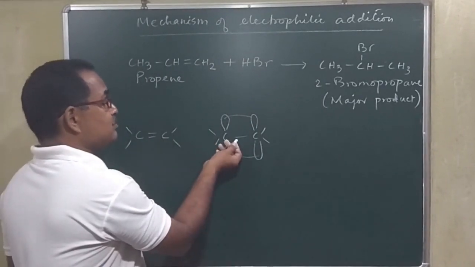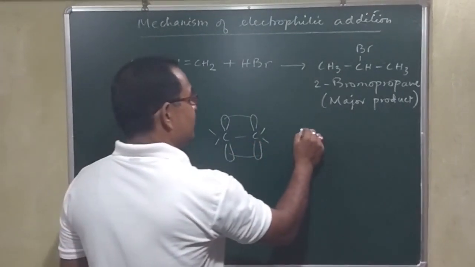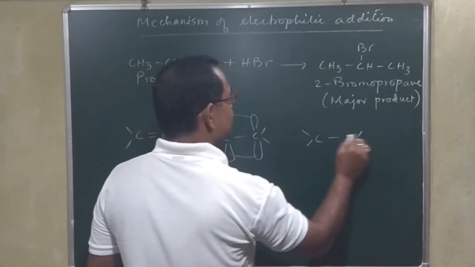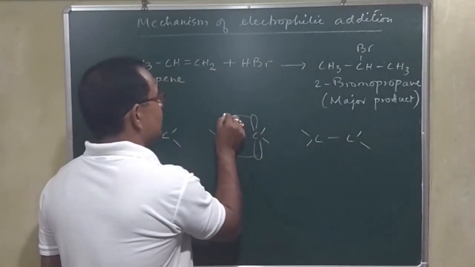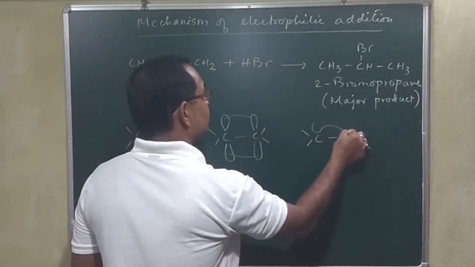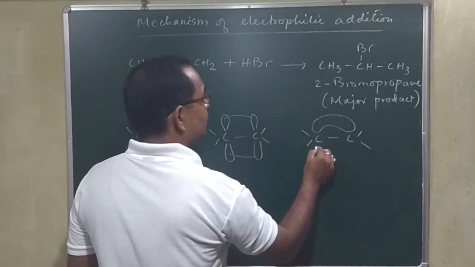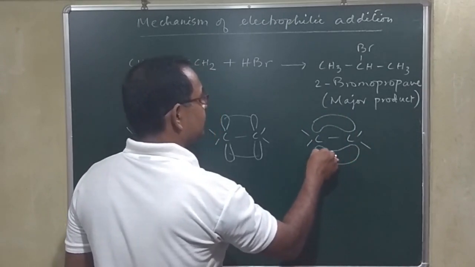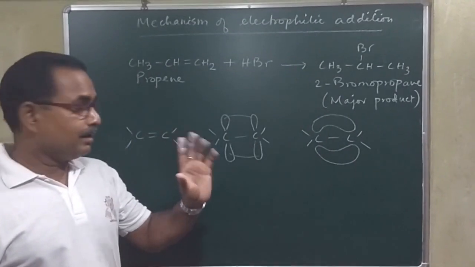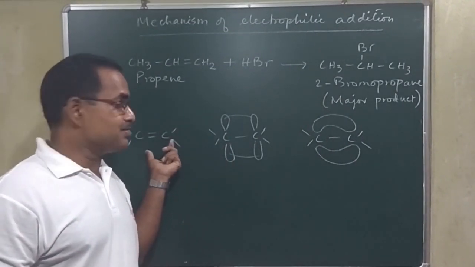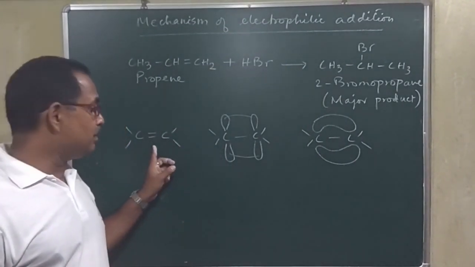If this is a planar arrangement, there will be a lobe here and another lobe here. So you remember this point. In alkenes, there is a carbon-carbon double bond.